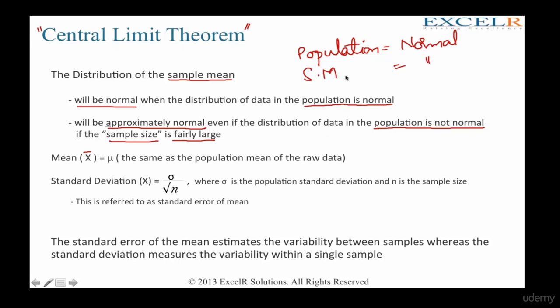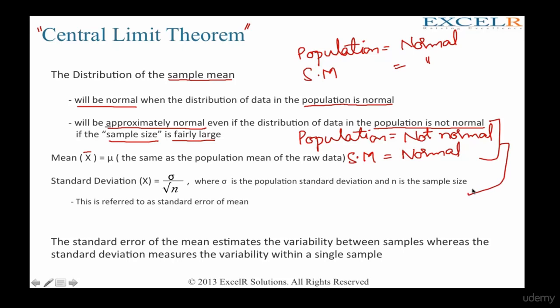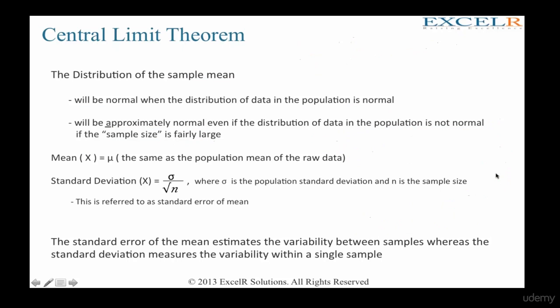That's the first point. The second point is, if the population does not follow a normal distribution, still your sample mean follows a normal distribution. However, here there is a condition to be satisfied, and the condition is that the sample size should be large. All right.